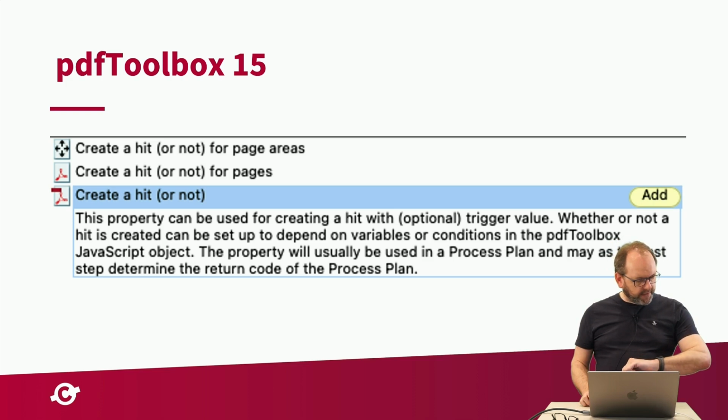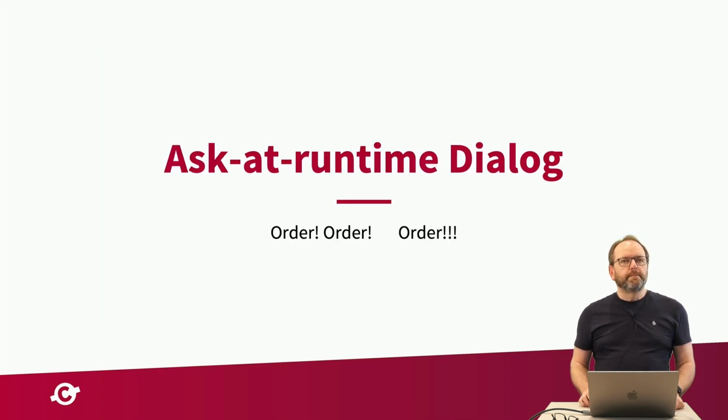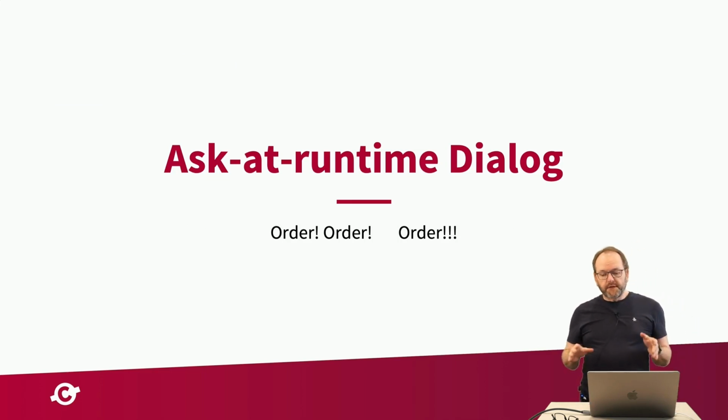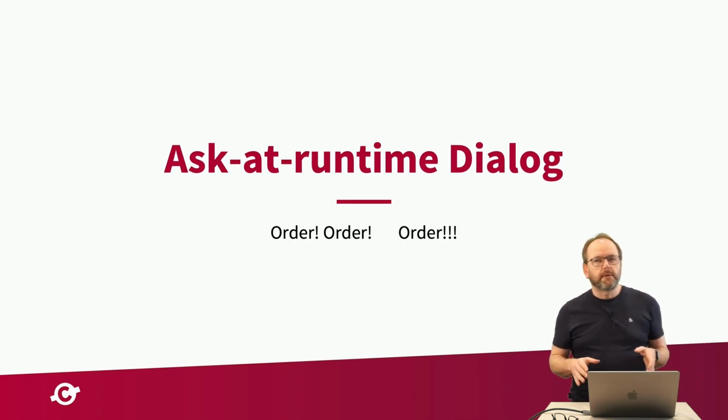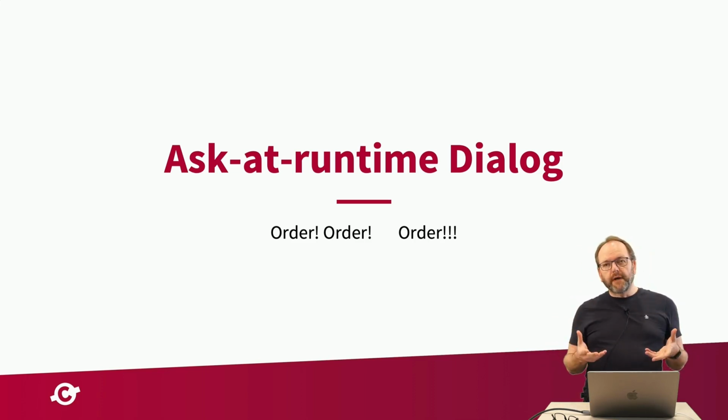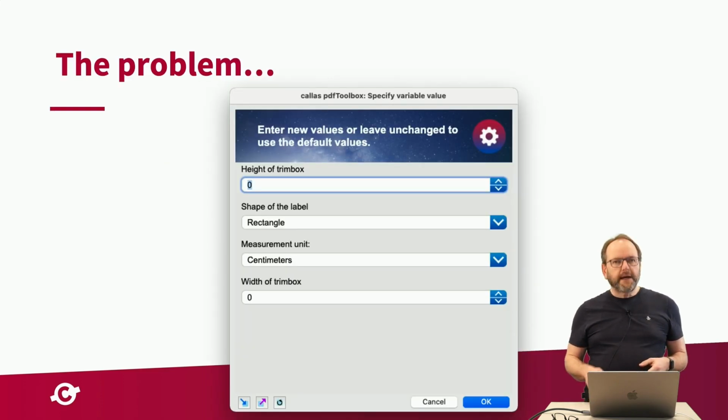Good. Last topic, I believe. Allow me to fix a problem that many of you didn't know you had, but you do. So when I run a profile or a process plan in PDF Toolbox desktop, this is a desktop issue, right, and that contains variables, then you get something like this.